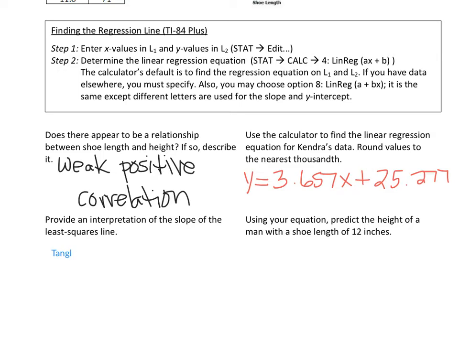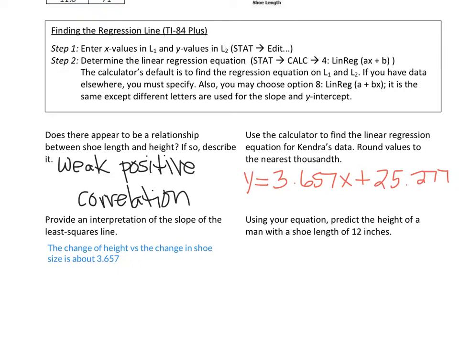The change of height versus the change in shoe size is about, and again our slope is 3.657. That's all you have to say about the slope.